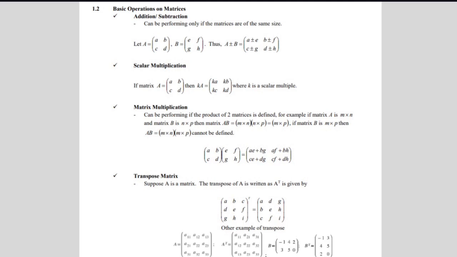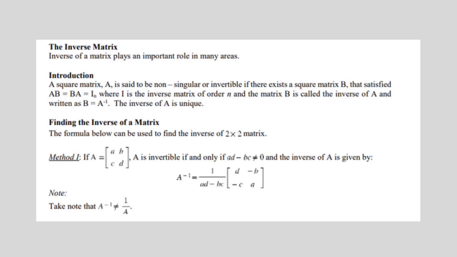And lastly, transpose matrix. This operation is just like swapping rows and columns, as we can see in the example. Inverse matrix also needs to be a square matrix. So this is the method to inverse the matrix: 1 over AD minus BC times the matrix of swapping place A with D and negative B and C.